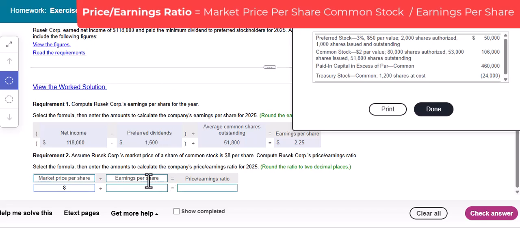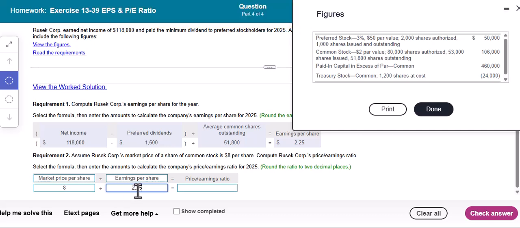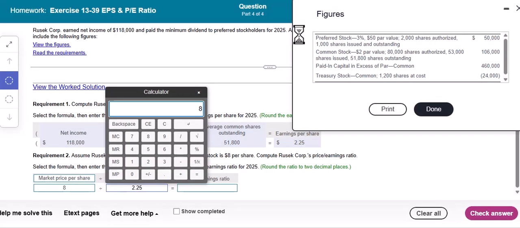And since it is divided by earnings per share, that is what we got out of requirement 1, that 2.25 per share. So we'll type that in. And then we'll do the math here, get our calculator out. 8 divided by 2.25. And that number equals 3.55. And since we are rounding up to the nearest second decimal place here, that's going to be 3.56.